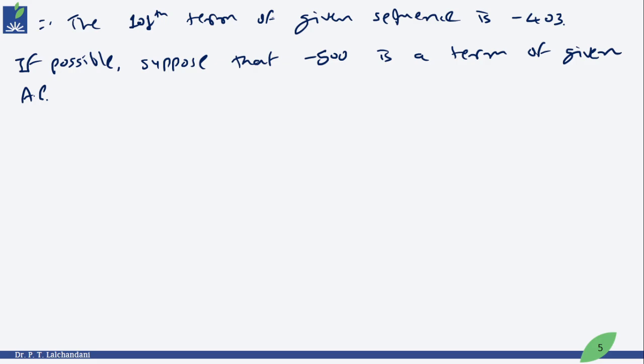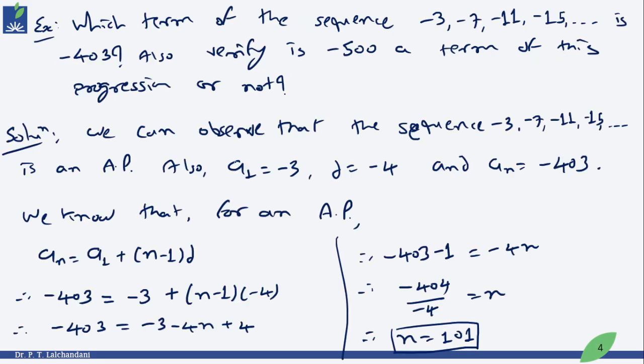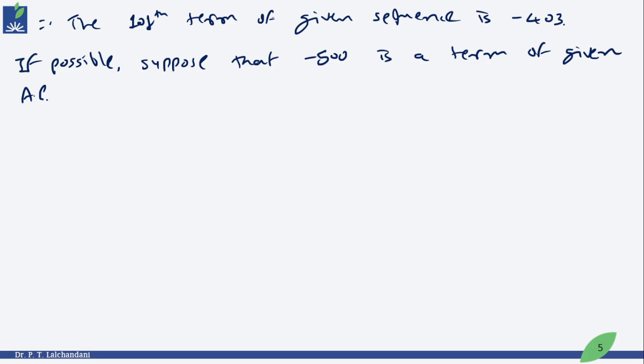We'll follow the steps we have followed for minus 403, right? Now here we have to verify is minus 500 a term or not. So we'll assume that minus 500 is a term of the given arithmetic progression, right?